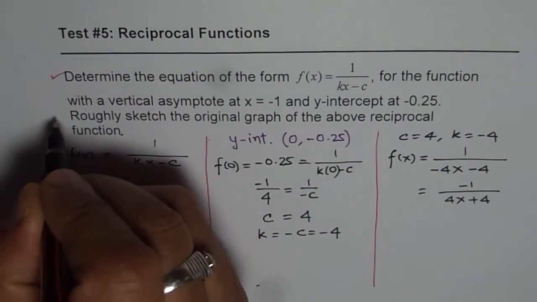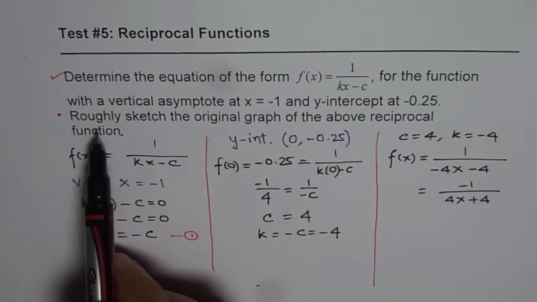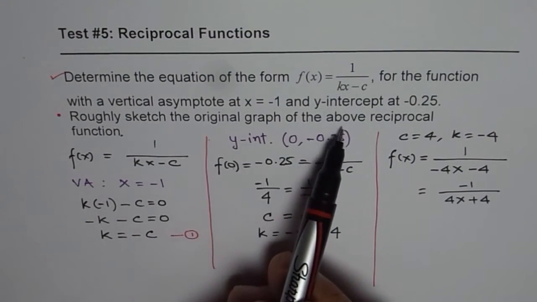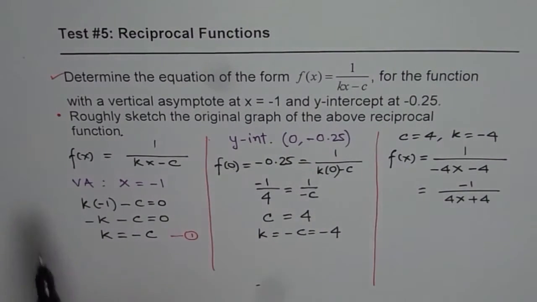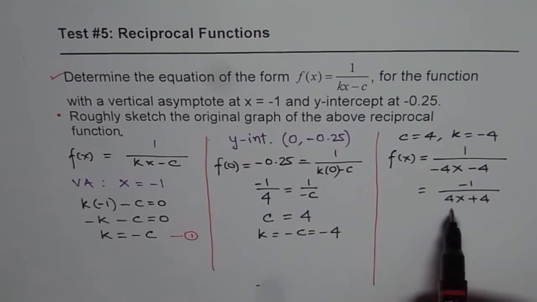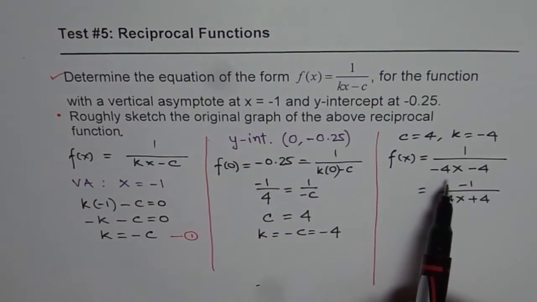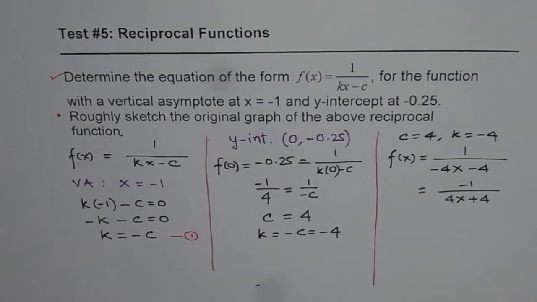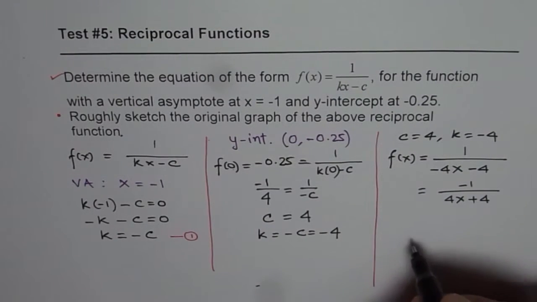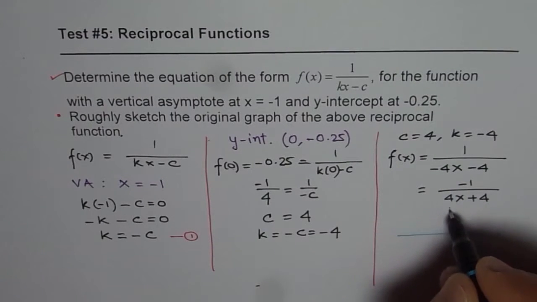Now let's look into the second part, which is to roughly sketch the original graph of the above reciprocal function. The original graph means the linear function kx minus c. So in our case, the linear function is minus 4x minus 4. So let us sketch this graph here.